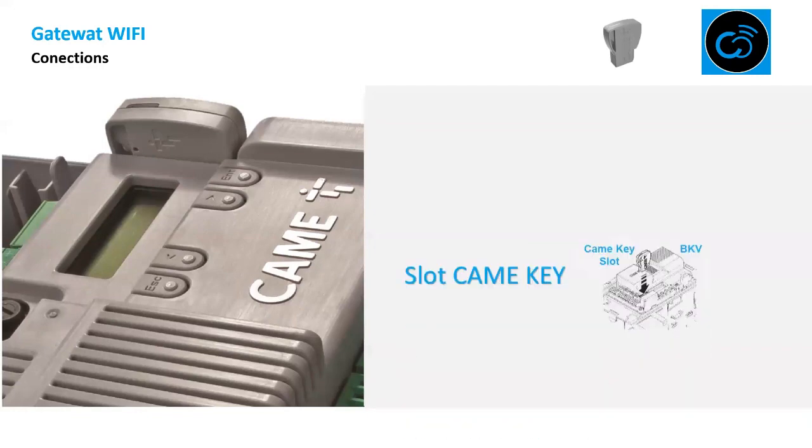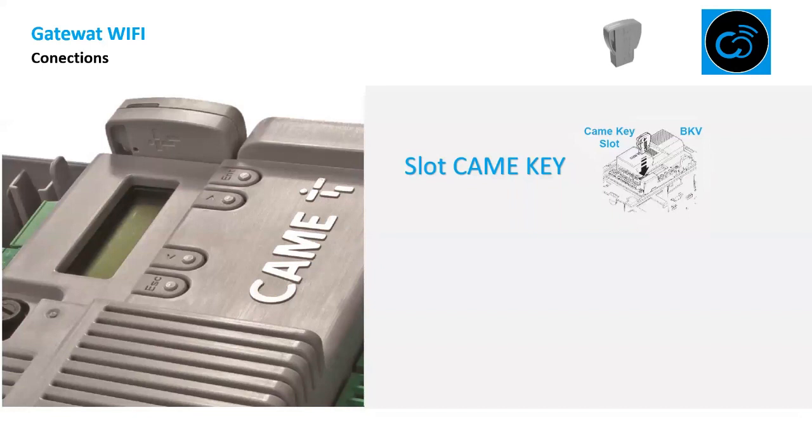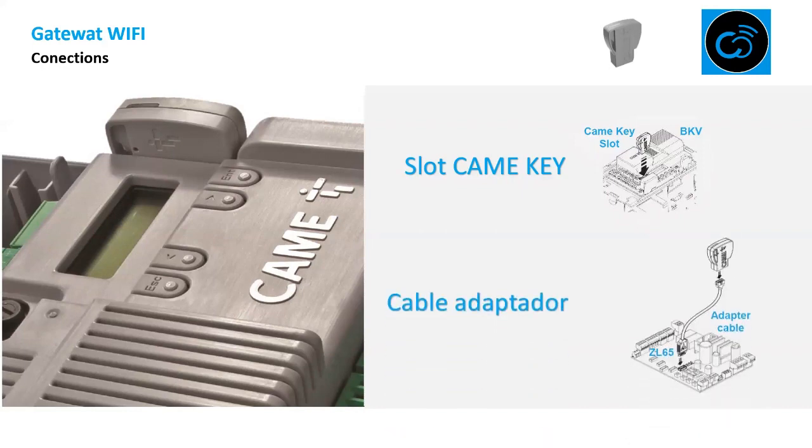Now, how can we connect this tool to the gate operator? You have a slot where you can physically fit this tool, the Kame key. In the case of new operators, for example the CLXM, the CLXS has a dedicated input for this.